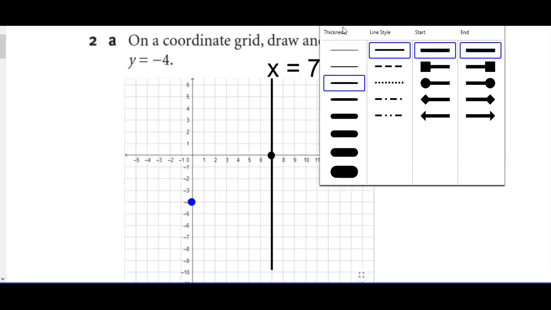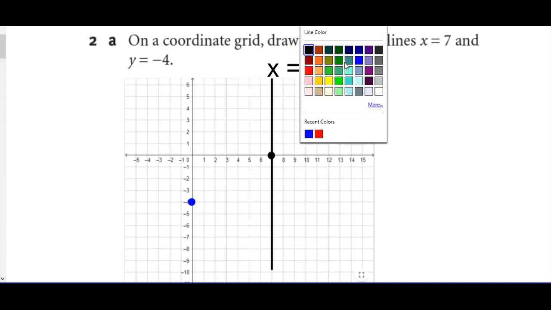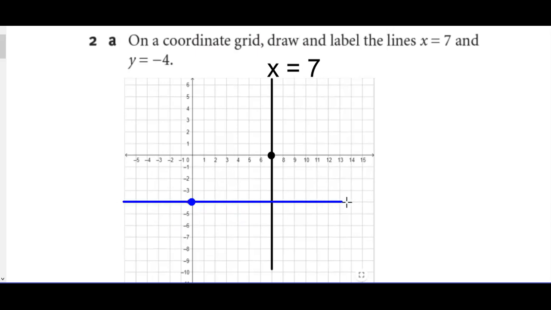Go ahead drawing that line, and the line will be looking like this. Then go ahead labeling that line. You write this line is y equals -4. Right, so you are done.